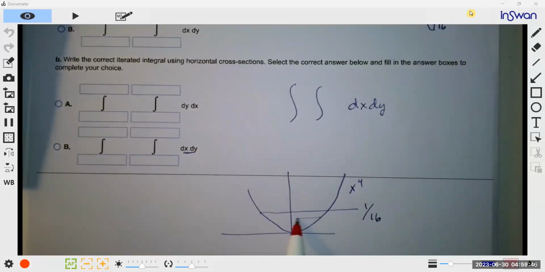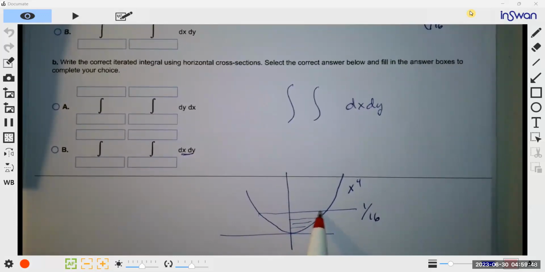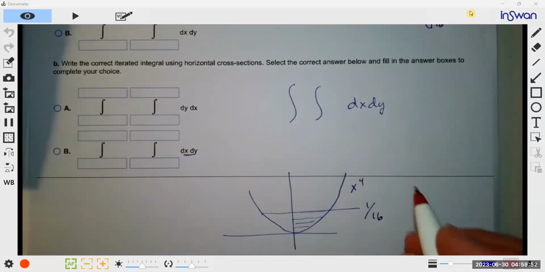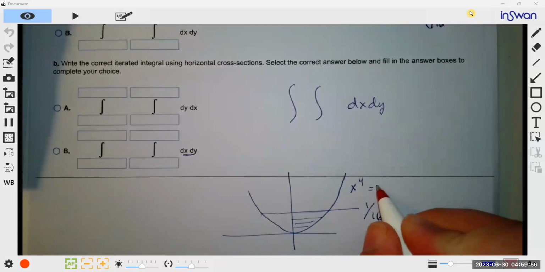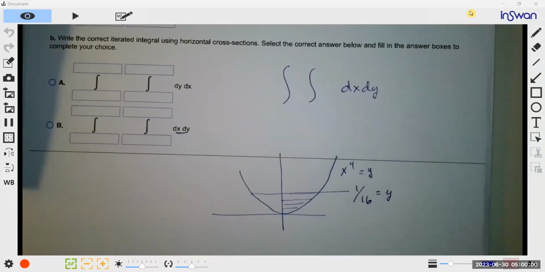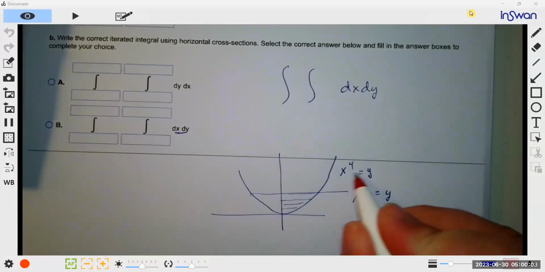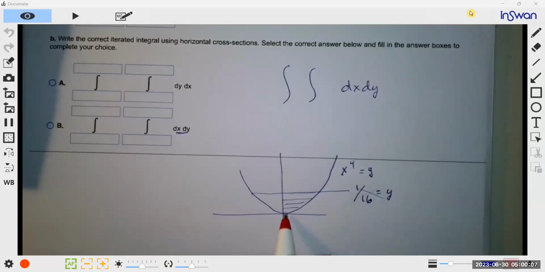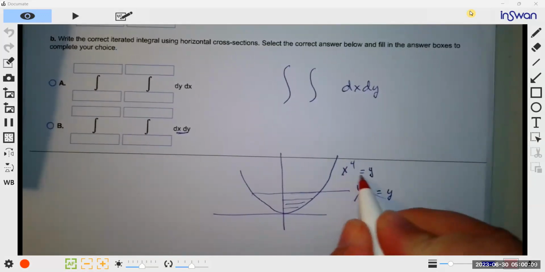Since we're going horizontally now, we have to take our two equations and solve for x. So we can't solve this one. It's gone.